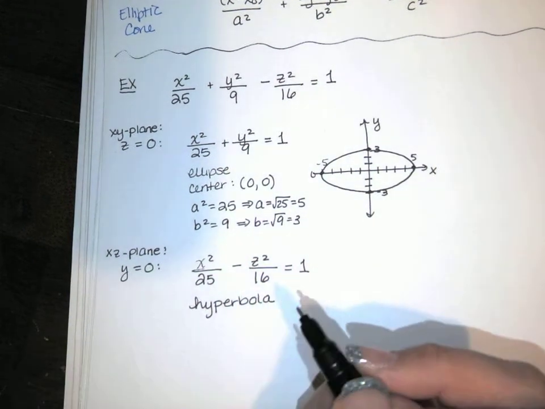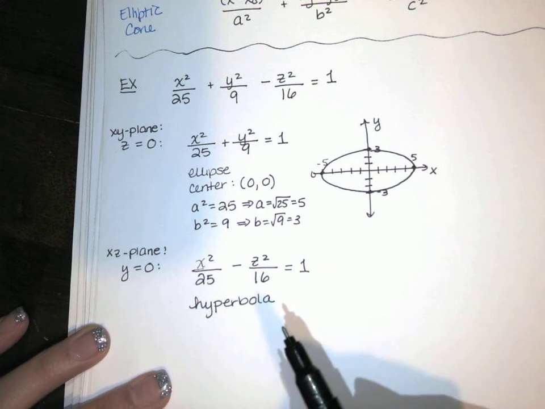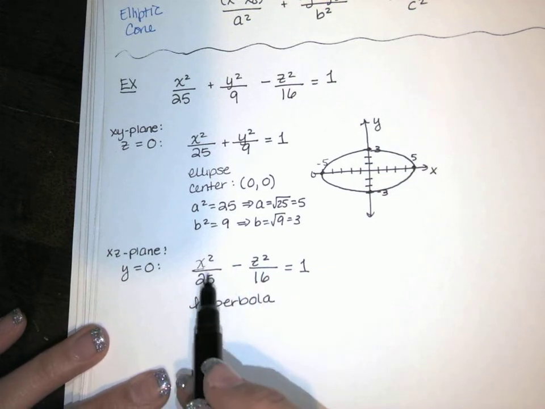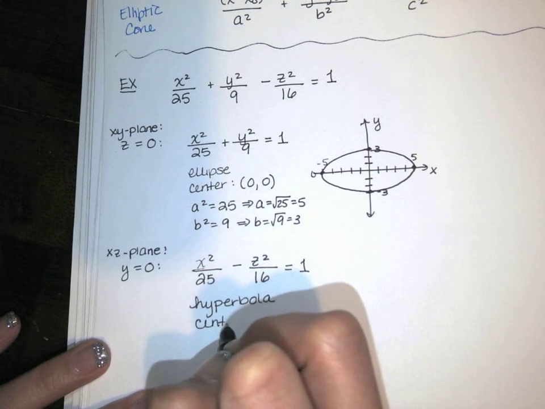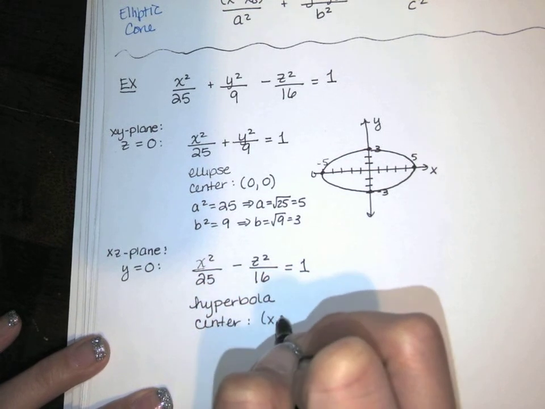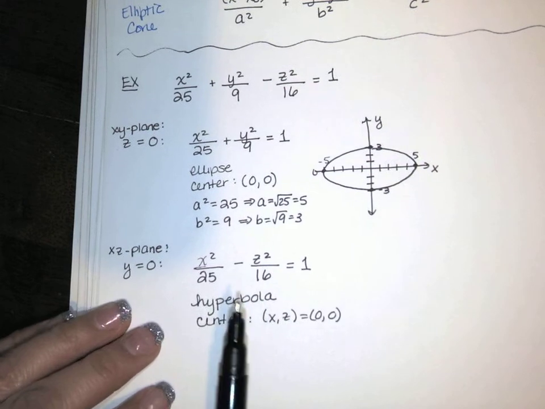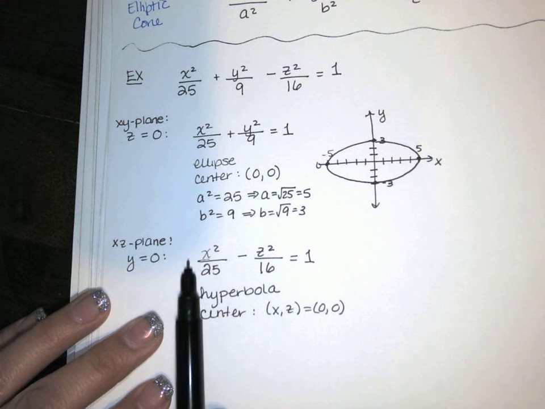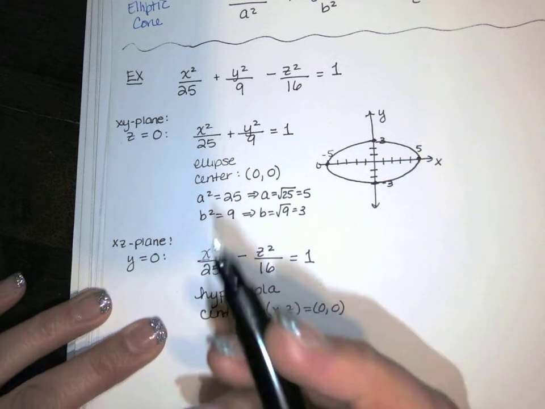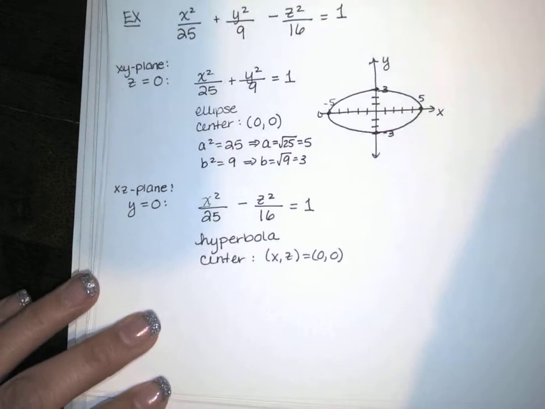Now, when we're graphing this, we start in a very similar way to the way we were graphing the ellipse. First, you identify the center. We're not subtracting anything from the x or the z, so our center in the xz plane is xz equals 0, 0. And then we tend to think of the number in the denominator for this positive term as our a squared here. It doesn't actually matter which one is larger when it comes to hyperbolas.